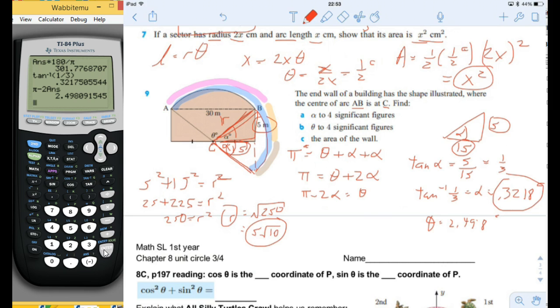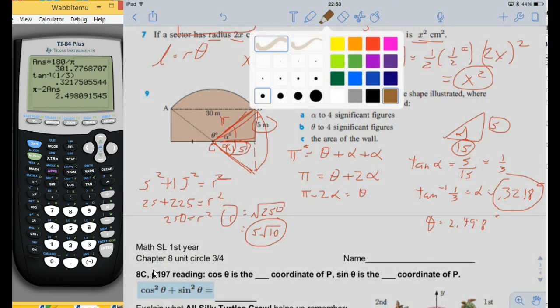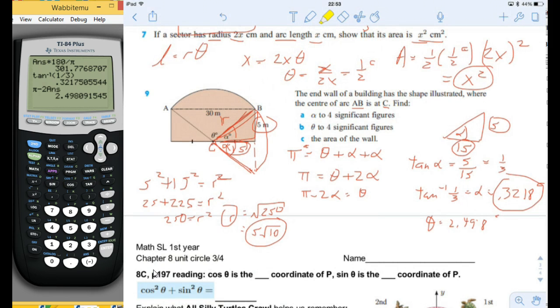Then it asks us for the area of the wall. Now that we know the angles, it's not too hard to figure out the area of the wall. Let's figure out how much this pie shape is here, because we've already done that several times. We know that we can get this area by doing 1/2 theta r squared.